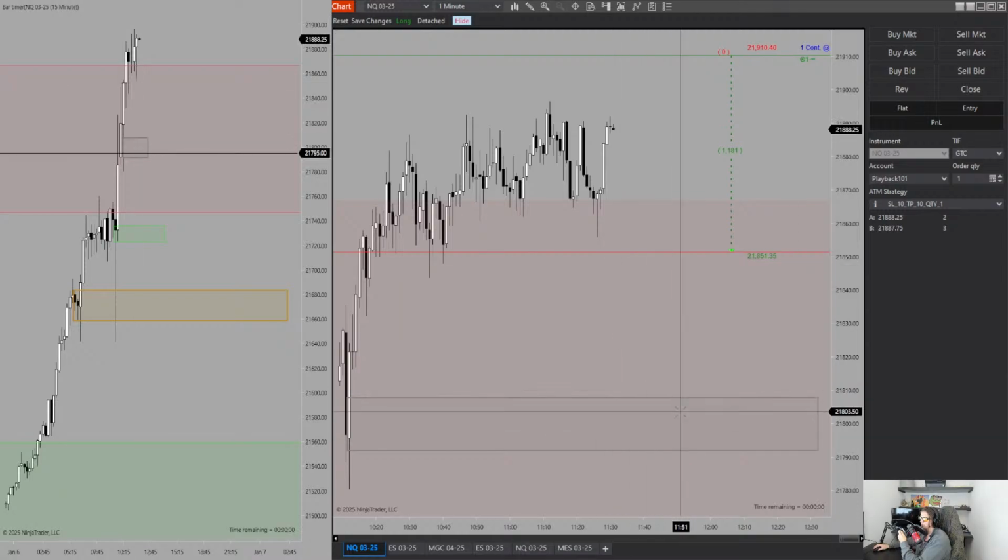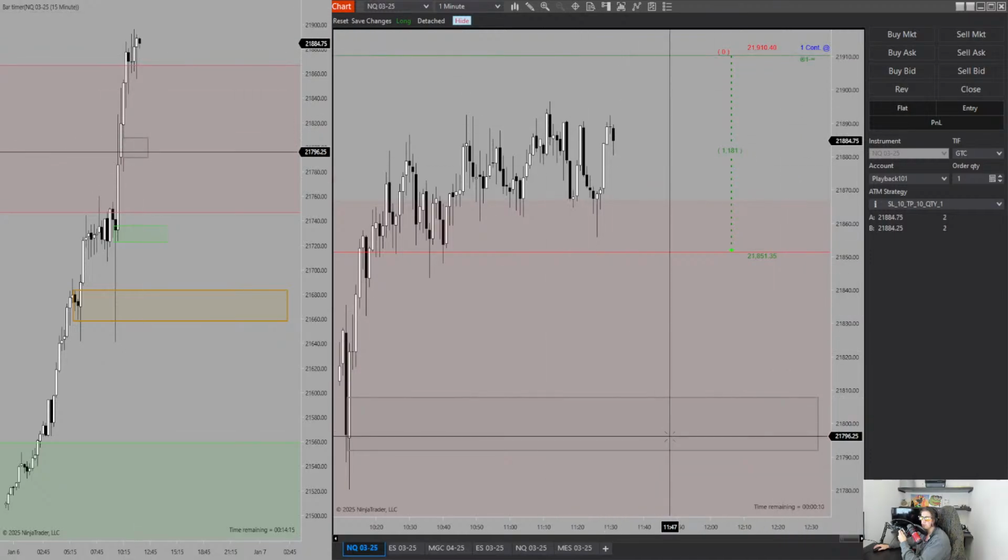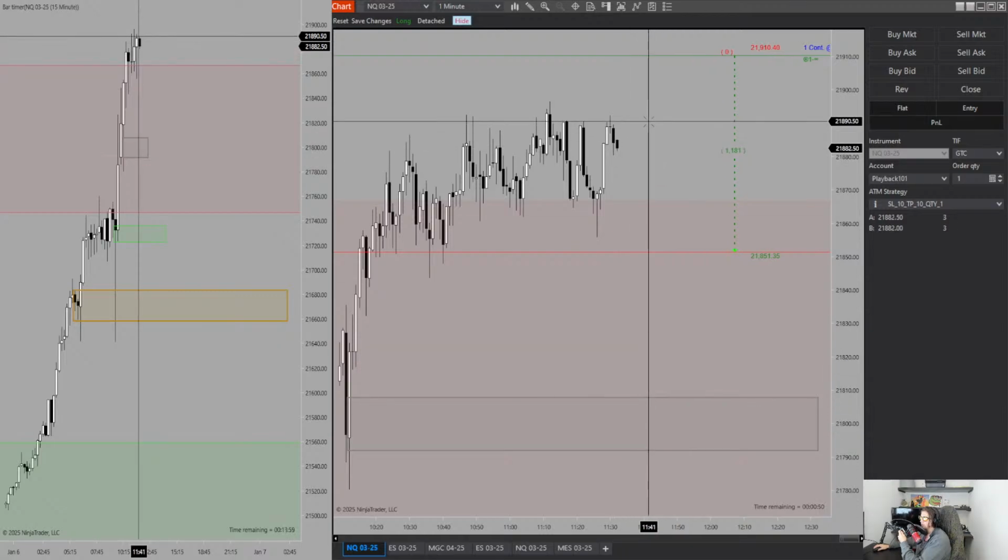I'd like to see a retracement and then get continuation trades up here out of demand down here. But we're just in this range.